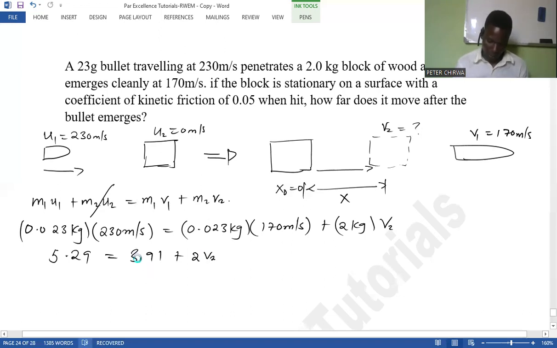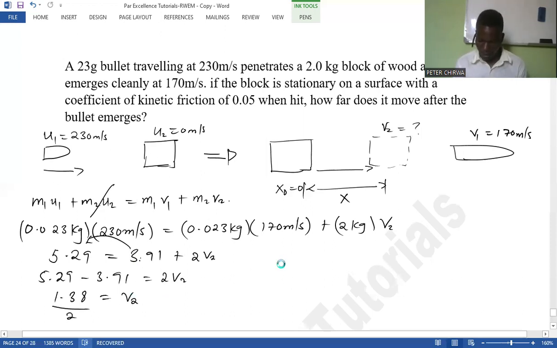So we take this to the other side: 5.29 minus 3.91 equals 2v2. 5.29 minus that, we get 1.38 equal to 2v2. We divide by 2, so v2, the speed of the block after that, is 0.69 meters per second. Okay, so this was the speed.